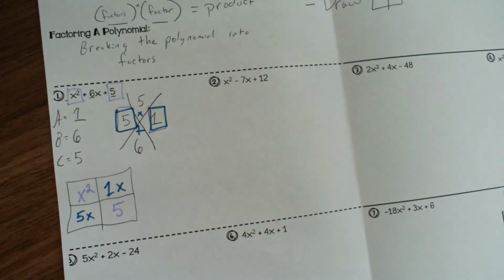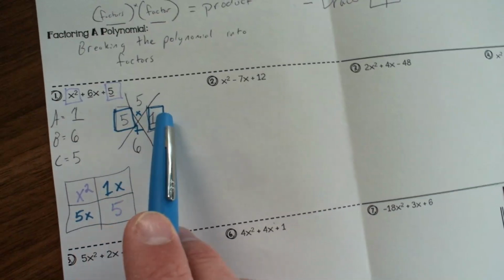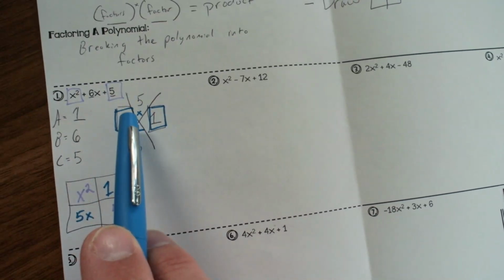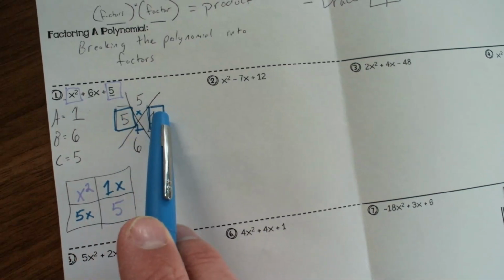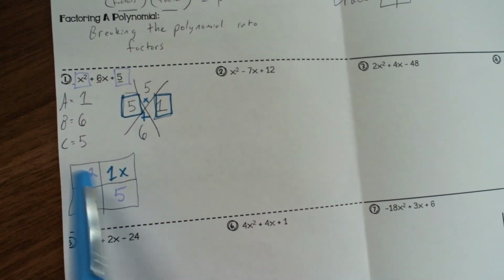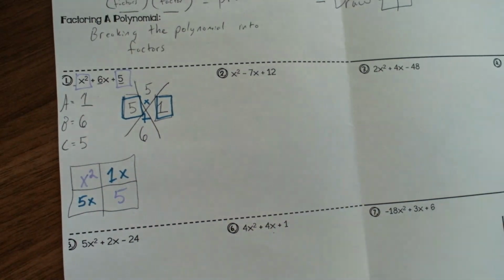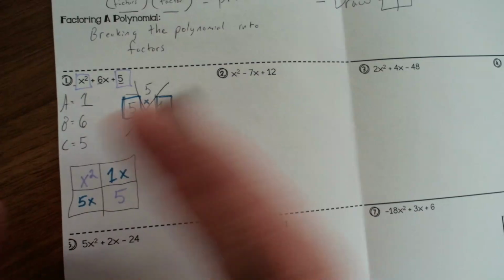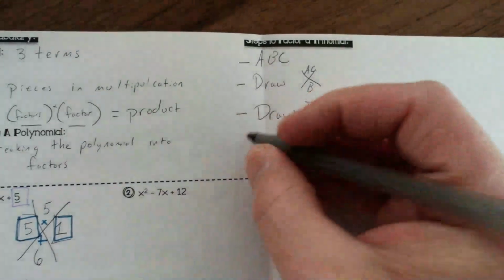And to be very clear, it doesn't matter which order you write them here. 5 times 1 is 5. 1 times 5 is 5. It doesn't matter the order here. And it also actually doesn't matter the order here. These two, these purple ones, they're going to matter big time. But these two, they don't really matter the order. Now we fill out the outside of the box, just like multiplying polynomials. And this is our fourth step.